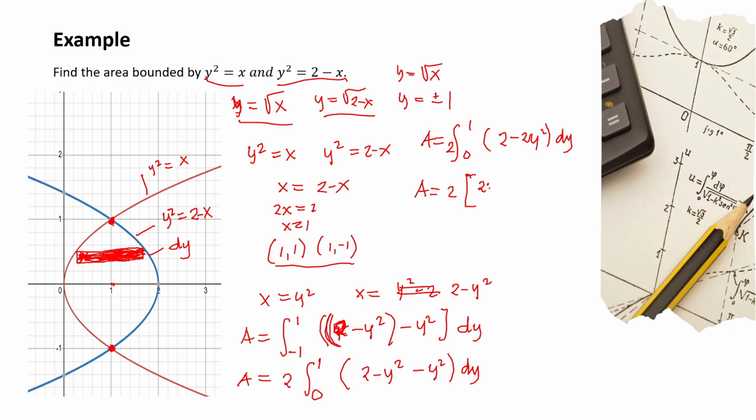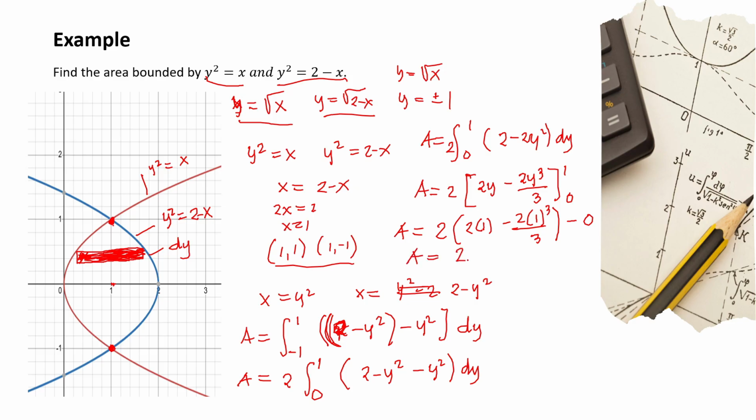So this is 2y minus 2y cubed over 3 from 0 to 1. So area is equal to 2 times 1 minus 2 times 1 cubed over 3, then minus 0.